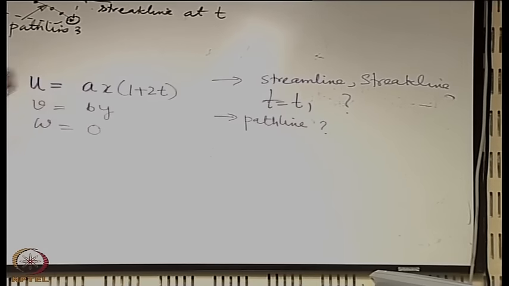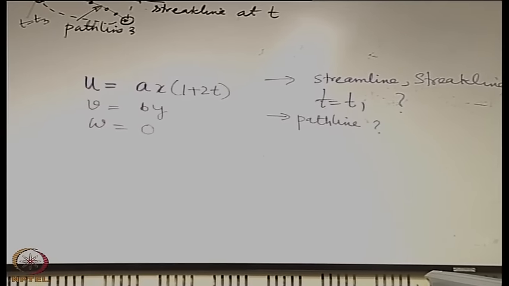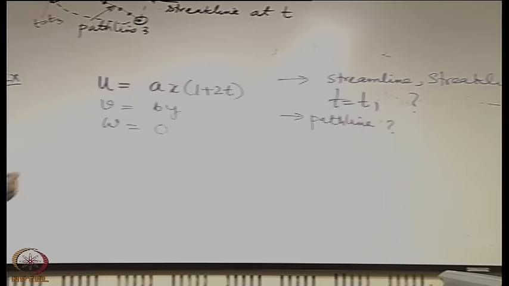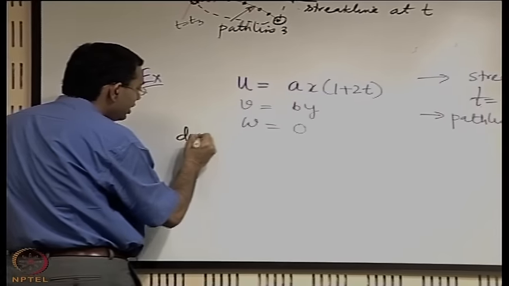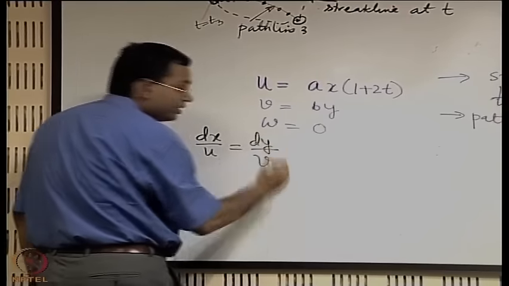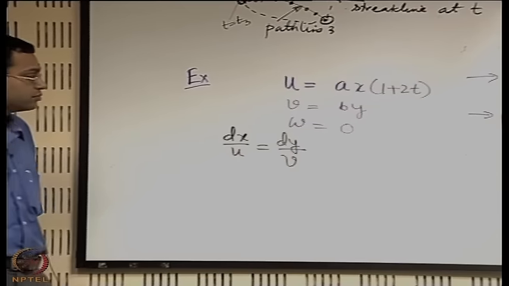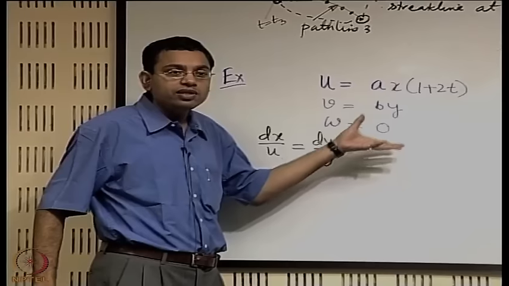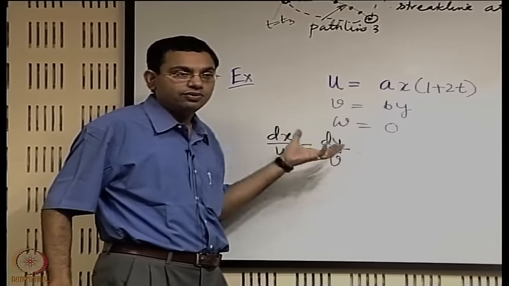To find out the equation of streamline, that is the easiest part, so let us do it first. You have dx by u equal to dy by v. dz by w is not relevant because it is a 2 dimensional flow.